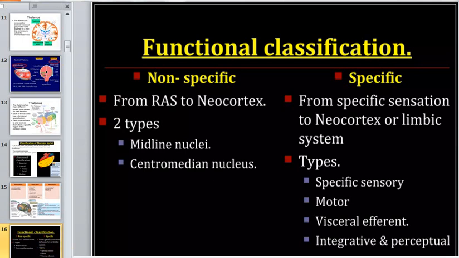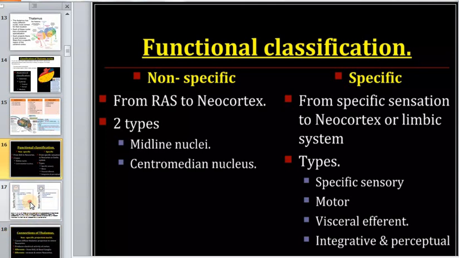Here we see from the reticular system to the neocortex, two types, midline nuclei and centromedial nuclei, and specific, from specific sensation to the neocortex or limbic system, and types: specific sensory information, motor information, visceral efferent, and integrative function, all this system.